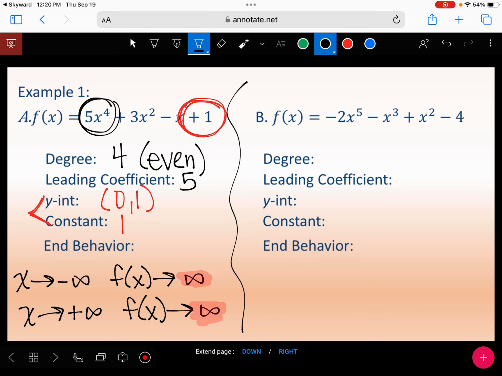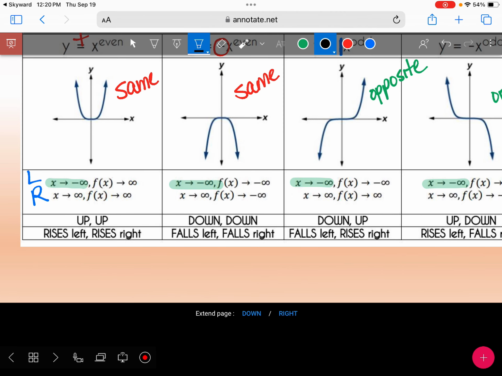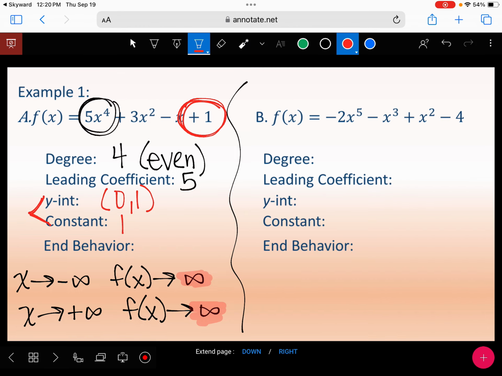Yeah. If you go back and look at what you glued down, you'll notice that they all start the same with our end behavior. X approaches negative, x approaches, they all start the same. What's different is the end behavior, which is the y values. And then it's the left and the right.